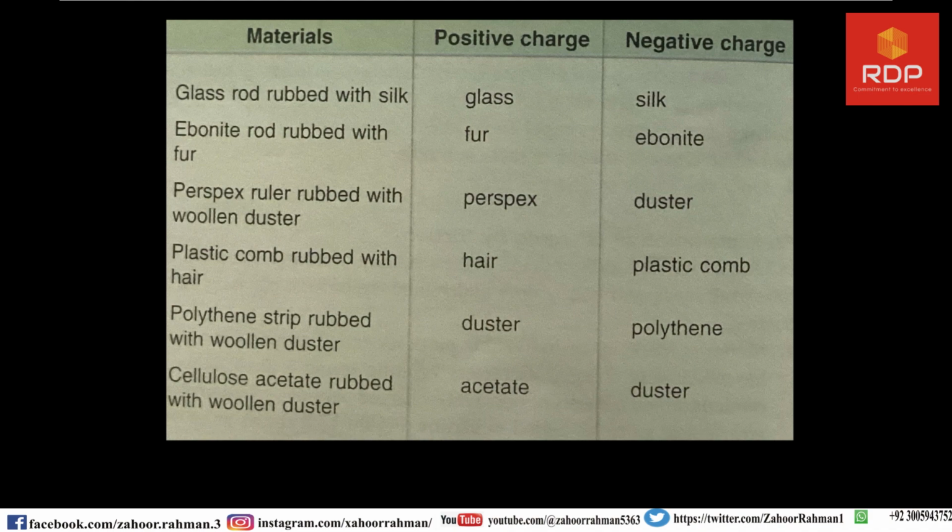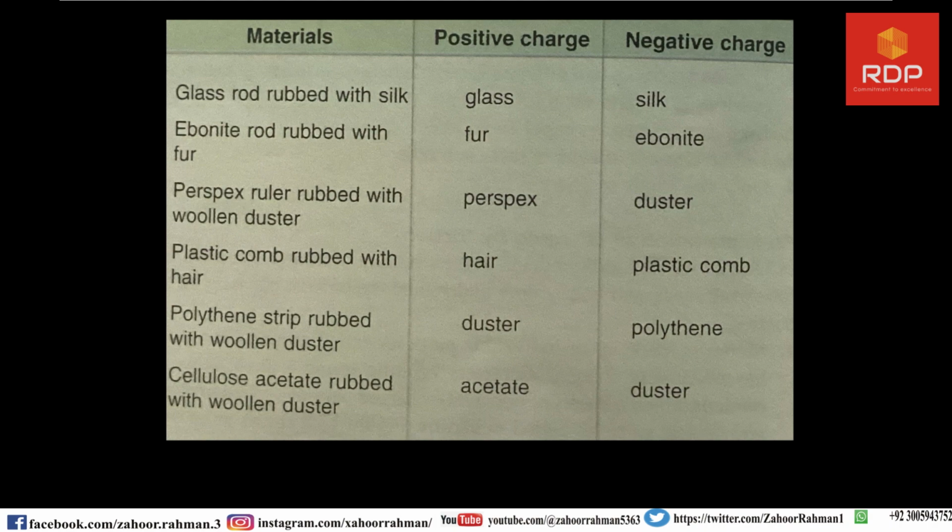Now when we rub an ebonite rod with fur, in this case fur will be positively charged and ebonite will be negatively charged, because in this case the ebonite rod will have an excess of electrons and the number of electrons will be decreased in the fur, so it will have an excess of positive charge and less negative charge, so it means that it will be positively charged.